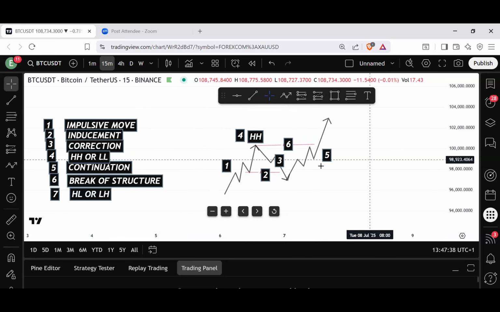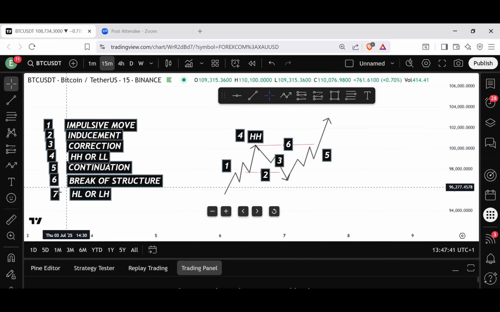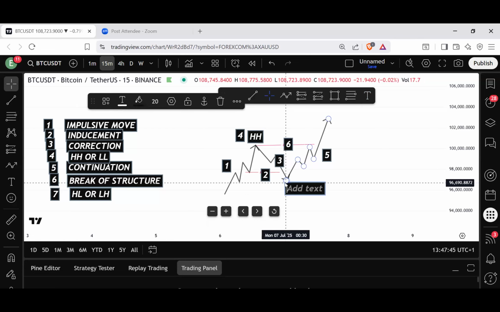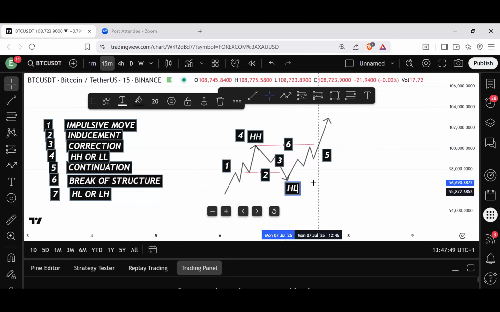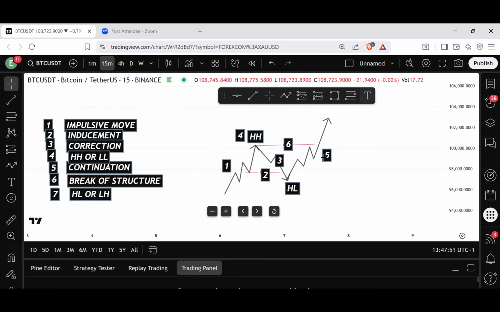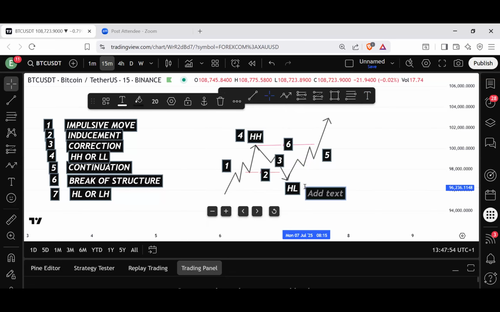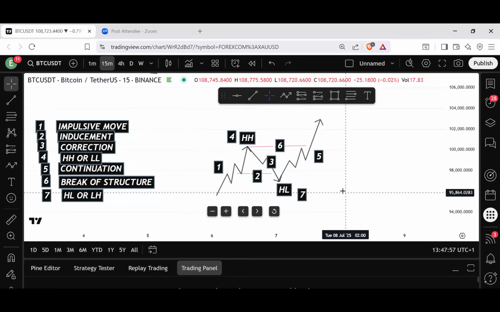Break of structure. Now seven, which is the higher low. So that is how it works. So this is how we follow them step by step.